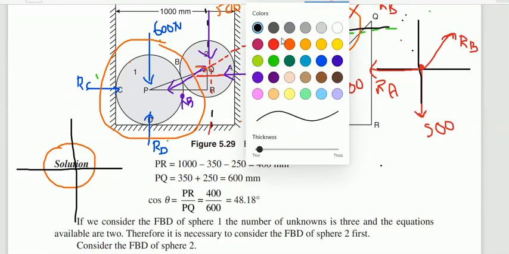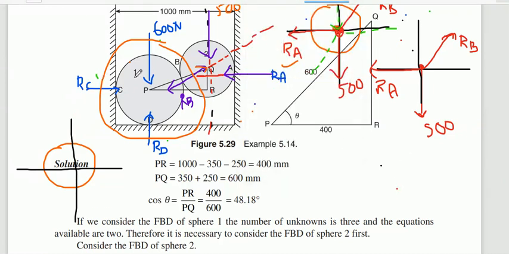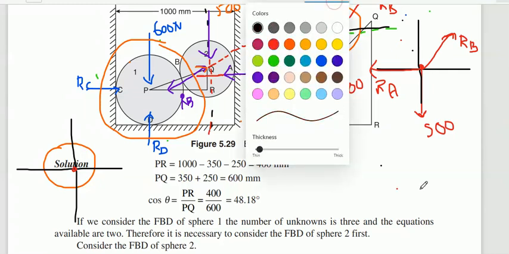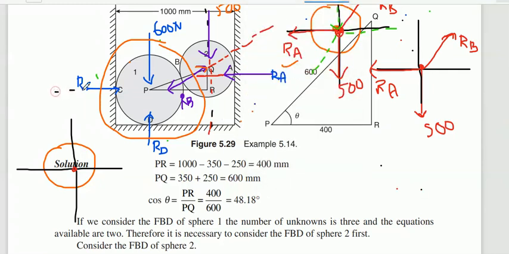So now you are going to draw the forces acting on the sphere. This is the center point. 600 is a force. I am going to draw the natural x and y axis here also, then you can get an idea. So this is the natural x axis and this is the natural y axis for sphere 1.